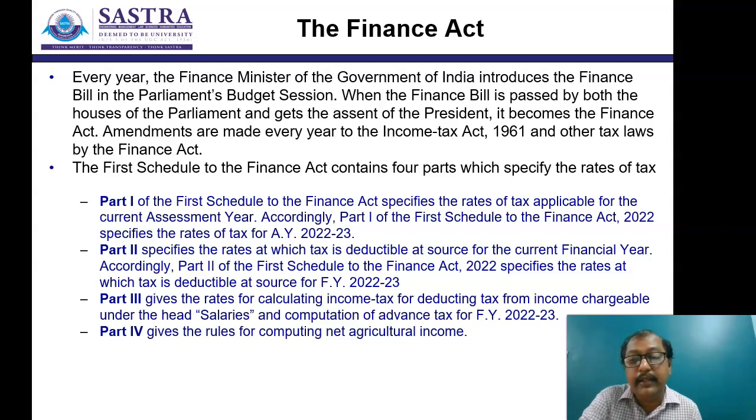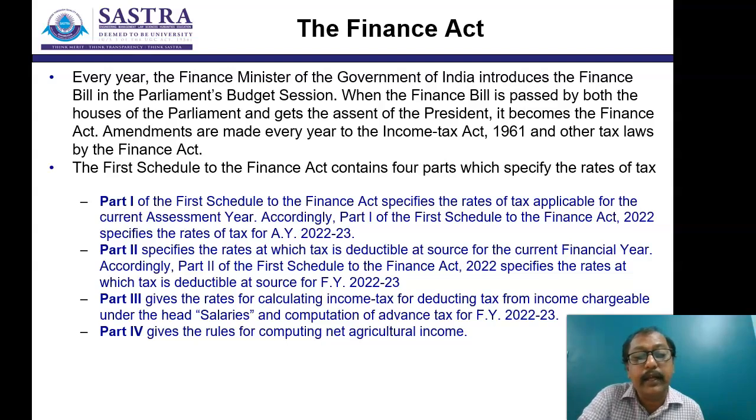So the tax deducted at source: the provisions related to that are made in part 2. And accordingly, part 2 of the first schedule to the Finance Act 2022 specifies the rates at which the taxes are deductible at source for the financial year.